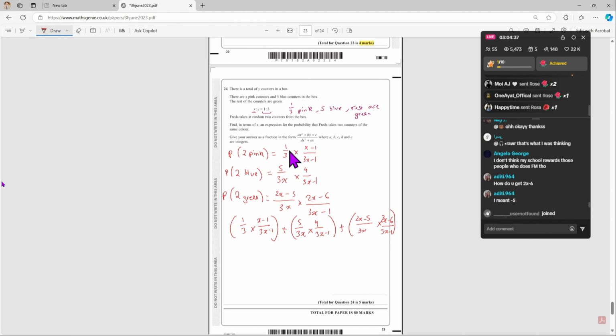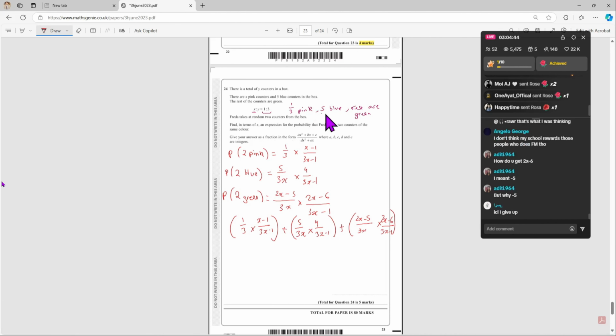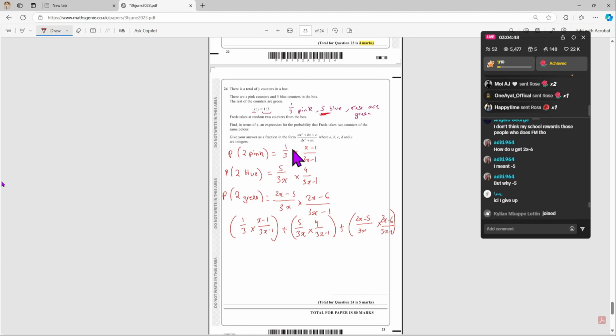Why is it minus 5? Because we're subtracting the blue counters as well. There are 5 blue counters.